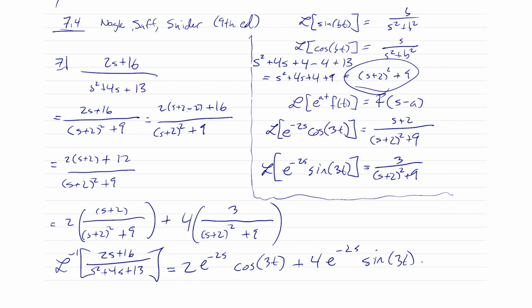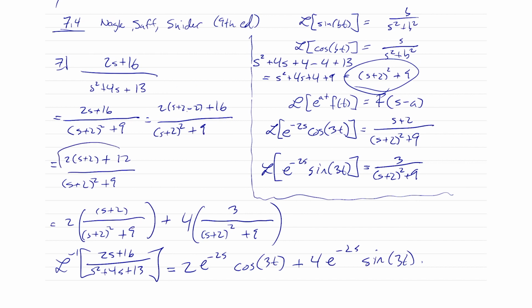I know I want to get s plus 2 out of this guy. And the best way to do that is to add and subtract 2. There's other ways you can do it. You can be clever about it. You can pull a 4 out of this and try to factor it out, and that'd be fine. But I just find it faster just to add and subtract 2 and see what falls out.